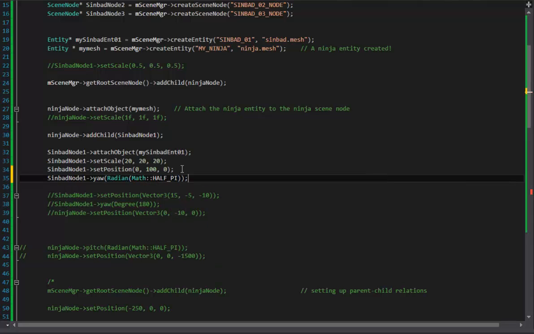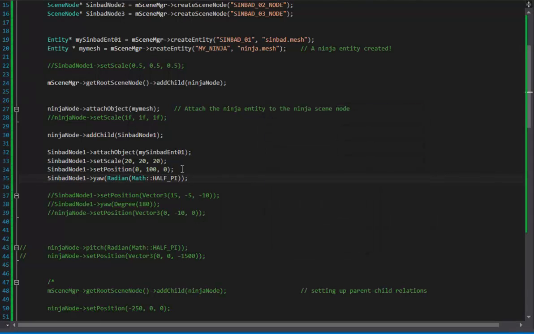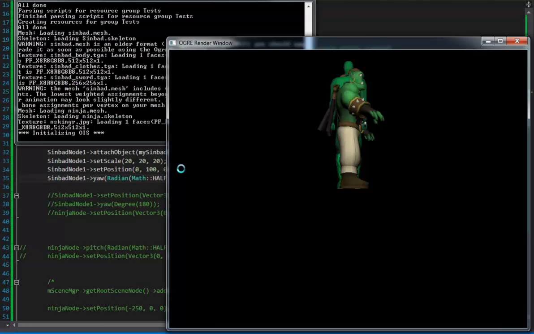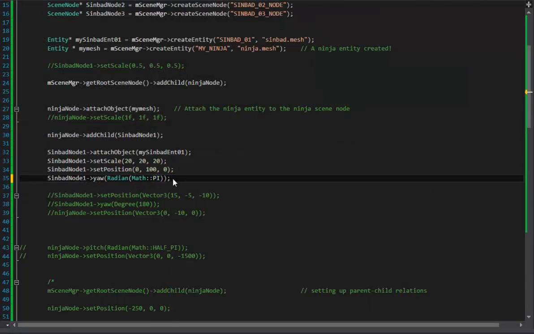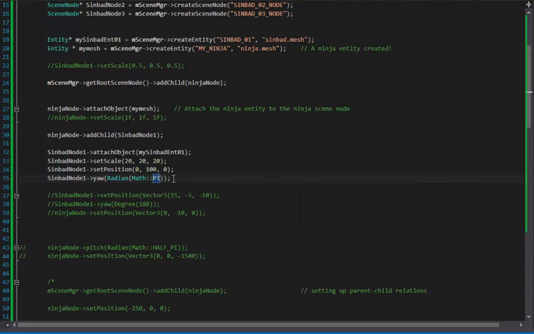Okay, and then I'm going to reuse these numbers again for the other nodes when I'm attaching those things. Half pi was 90 degrees. I want a full pi, so that the Ninja and the Sinbad are actually looking in the same direction.